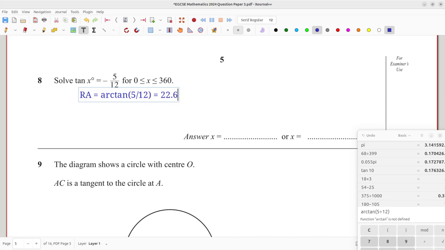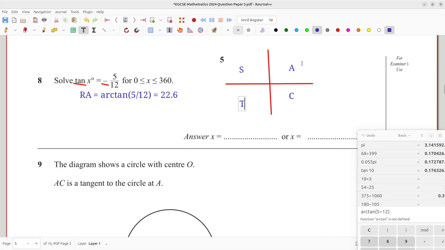So this is telling us that we have an angle of 22.6 degrees, and this angle can be in any of the 4 quadrants. But in our case, you have your tan, and it's negative. So in which quadrant is tan negative? Just recall your CAST: All Students Take Coffee.